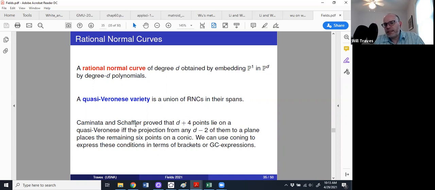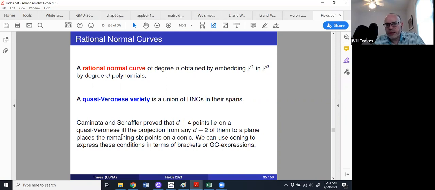The 7 points that you started with lie on a twisted cubic if and only if the 6 points that you get lie on a conic. And you can then use Grassmann-Cayley expressions to check when 6 points lie on a conic, from Pascal's theorem. This has to happen for all the different projections. There are 7 of them, from each of the 7 points to the other 6. And this characterizes when 7 points lie on the twisted cubic.